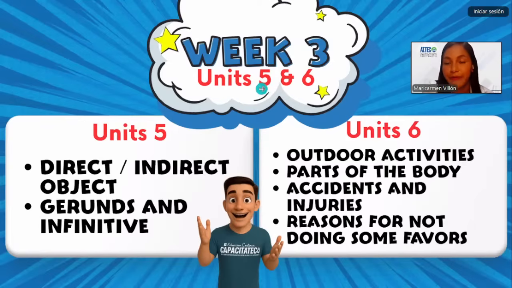What units do we have for today? For today, we have units 5 and 6. Now, take a look at the content. If you can take a screenshot or a picture, that would be great because this is for you.